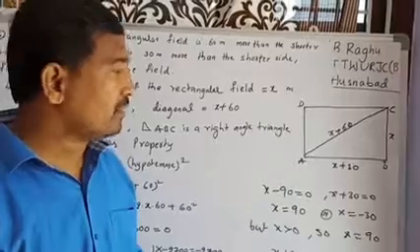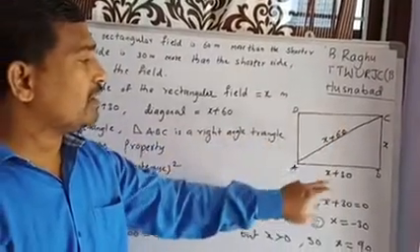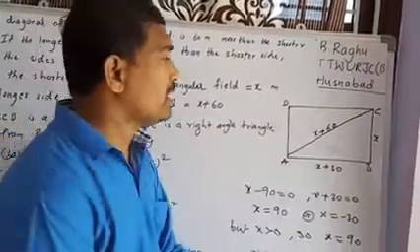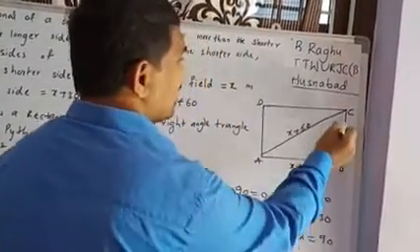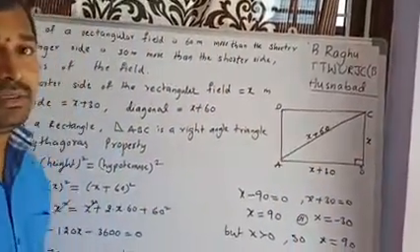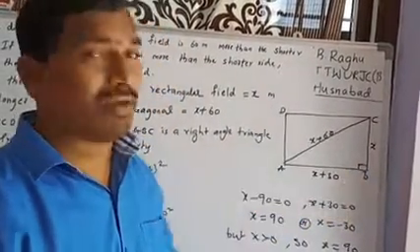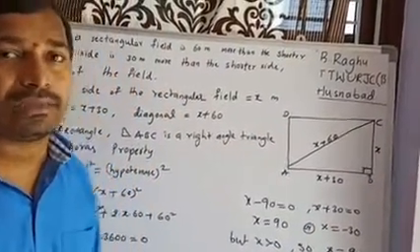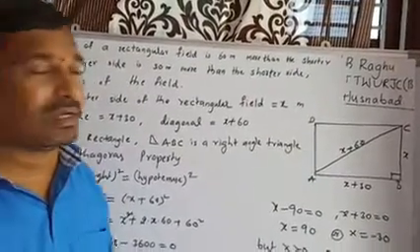If you observe, this is the rectangle. Are you getting this? ABC is a right angle triangle. So a right angle triangle satisfies the Pythagoras property. What is the Pythagoras property?